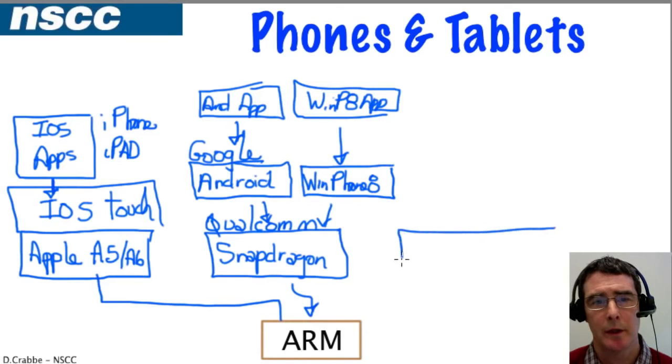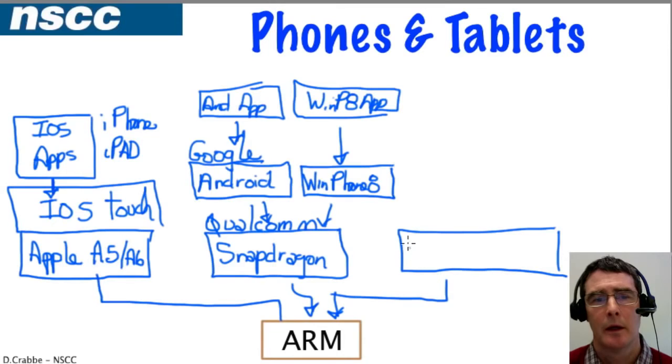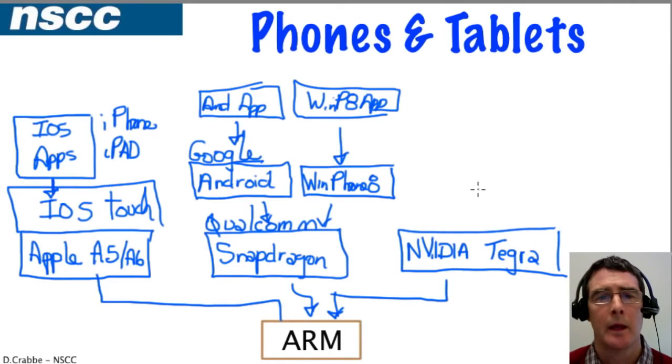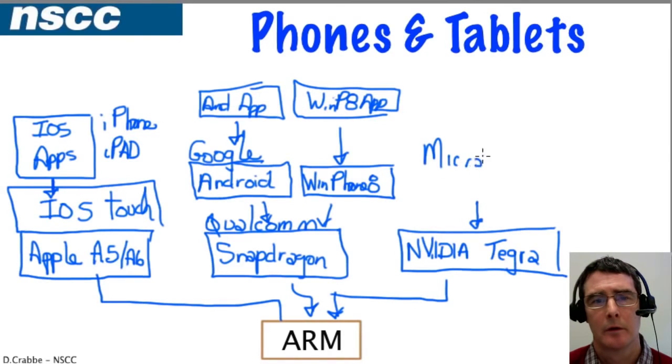Now another company has gotten into the market and also licensed ARM's technology, and it is NVIDIA. And it's produced a CPU called the Tegra. And this CPU is the one that is in Microsoft's tablet, or one of Microsoft's tablets, because they have two tablets.